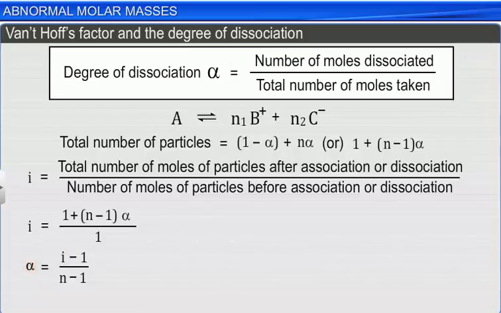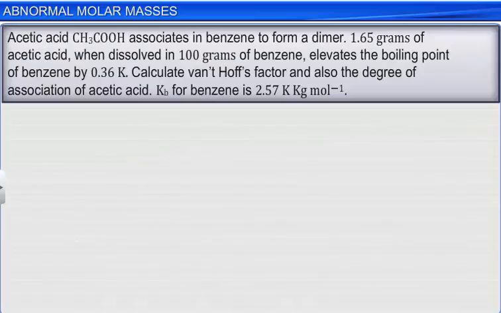Let us now solve a numerical problem based on the association property of a solute. Acetic acid, CH3COOH, associates in benzene to form a dimer. 1.65 grams of acetic acid, when dissolved in 100 grams of benzene, elevates the boiling point of benzene by 0.36 Kelvin.